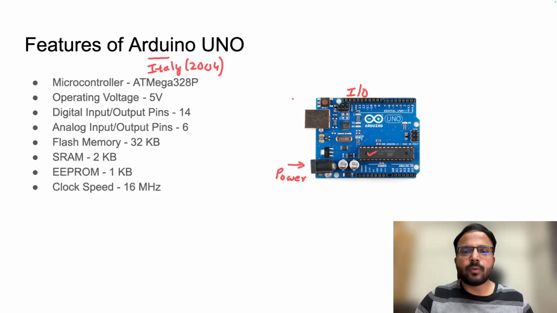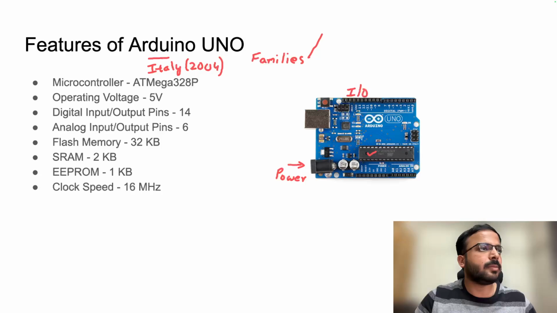Now here we are focusing on Arduino UNO, but Arduino has several families of boards. So you can say there are families of boards, and these families of boards are decided based on certain factors. So the first important factor is, of course, what microcontroller you have on the board.